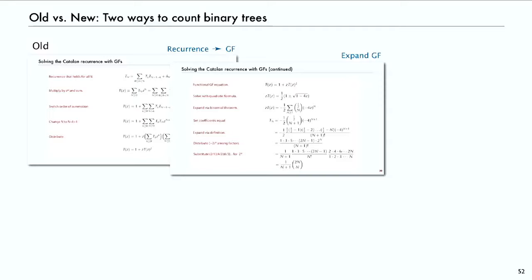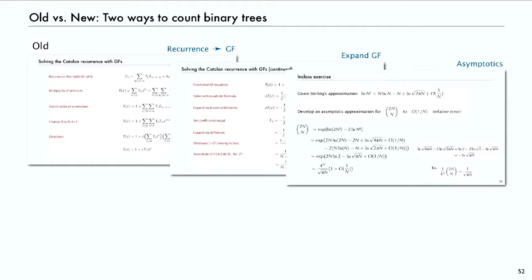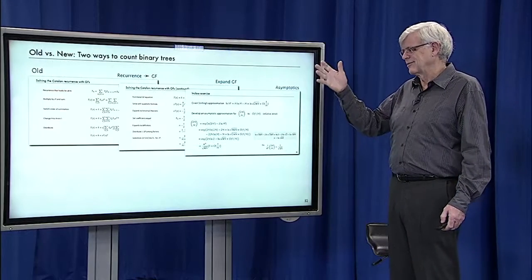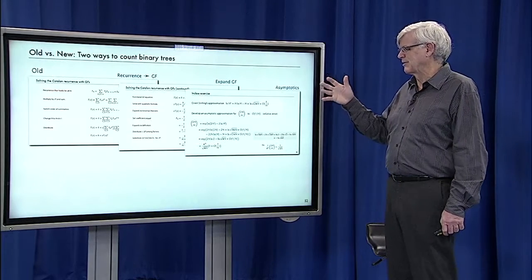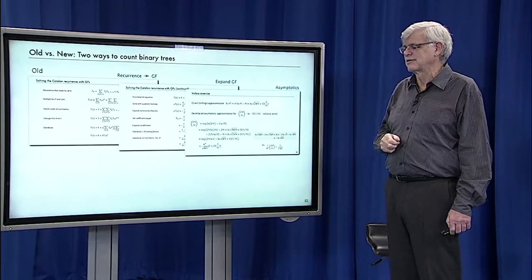And that got us to the exact form of the Catalan numbers. And then we had to do the asymptotics using Stirling's approximation that also involved a significant amount of calculations. And you may remember the first time you saw each one of these, the amount of intricate calculation that seemed to be involved. Although it's straightforward from step to step, there's a lot of steps.